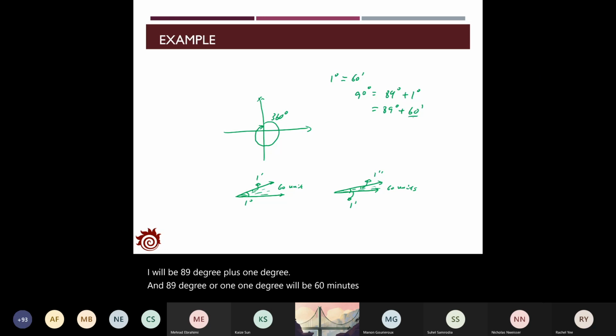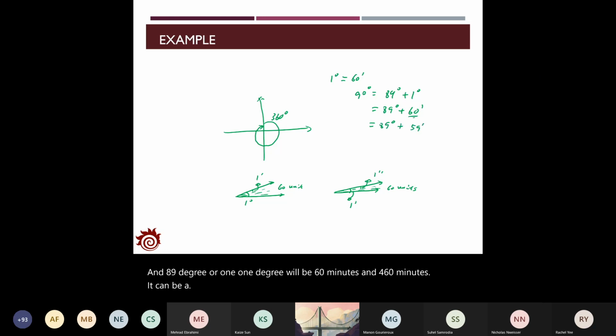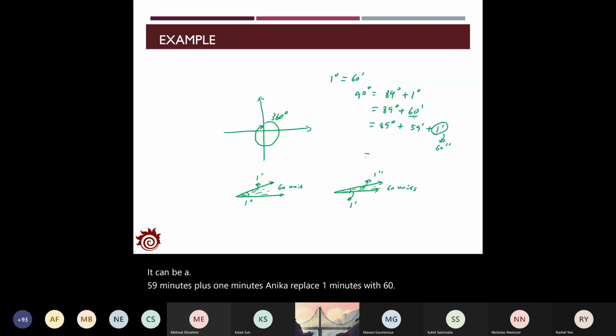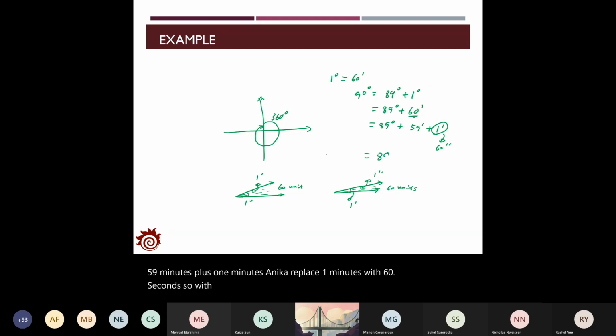And 60 minutes can be 59 minutes plus 1 minute, and we can replace 1 minute with 60 seconds. So with that, we have 89 degrees, 59 minutes, and 60 seconds. So that's the way for you to do the conversion.